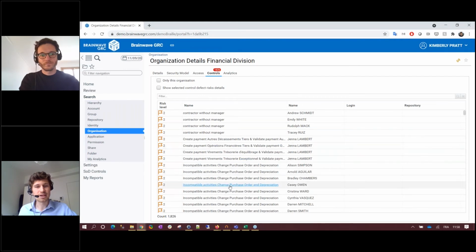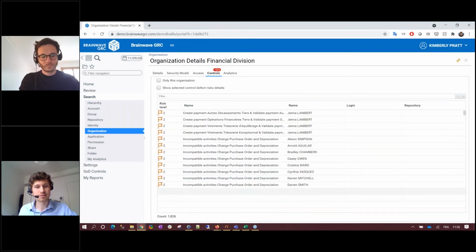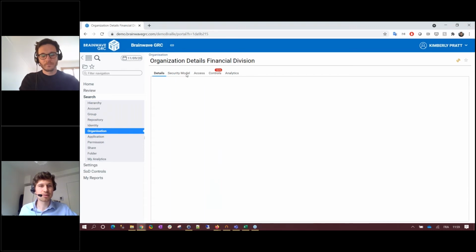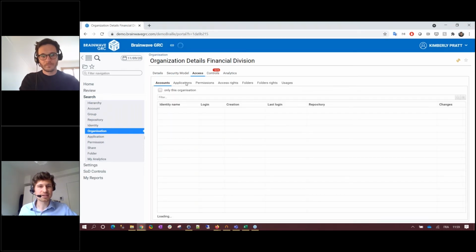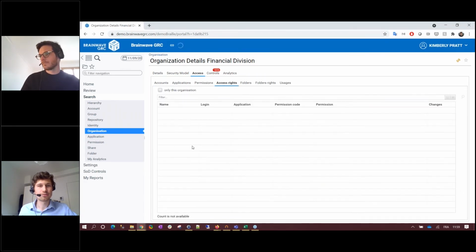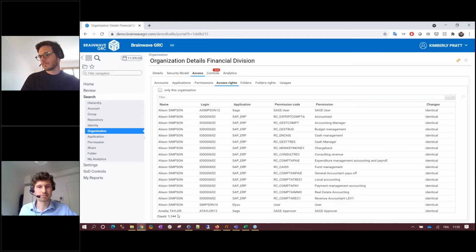There are also SOD controls with some issues, etc. If I work on those to fix those control issues, I can improve my data quality as well. So at the end, when I'm looking at my organization access here, I have a complete view of the full list of access rights of people belonging to this organization.